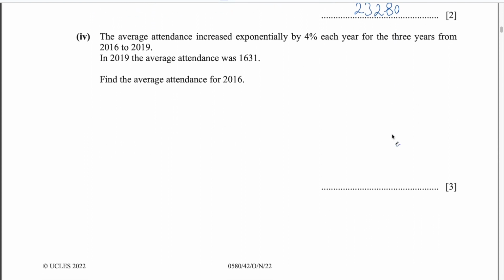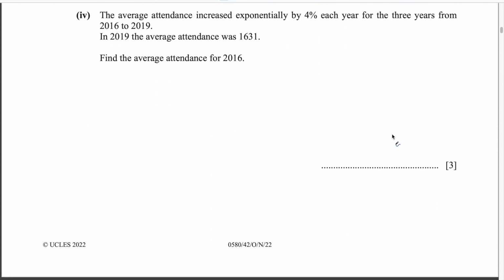Now, for the fourth part, it says the average attendance increased exponentially by 4% each year for the 3 years from 2016 to 2019. In 2019, the average attendance was 1631. Find the average attendance for 2016.